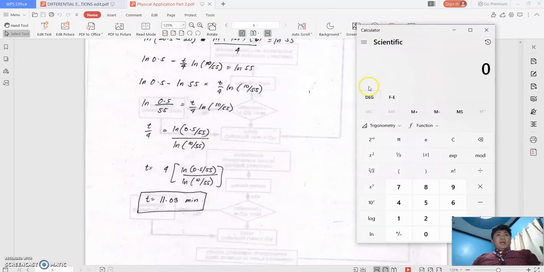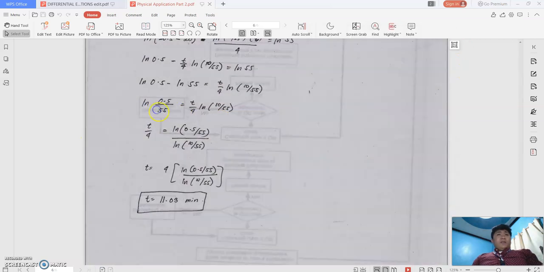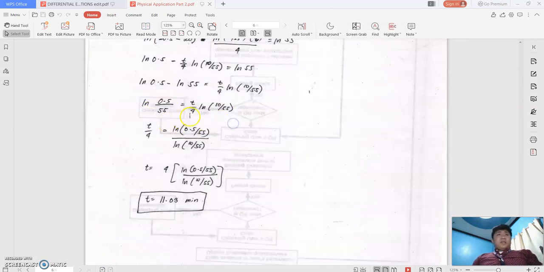so from here you have 0.5 divided by 55 equals then after this, okay, it is big, so we will not round it off, we just transfer it to the other side.